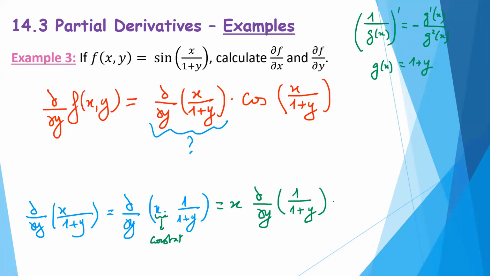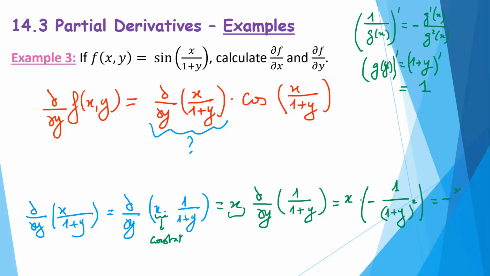So this gives me x, outside, times minus the derivative of 1 plus y with respect to y, which is easy, it's 1, over g squared, so 1 plus y all squared.